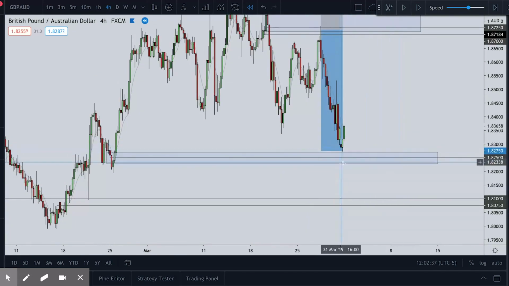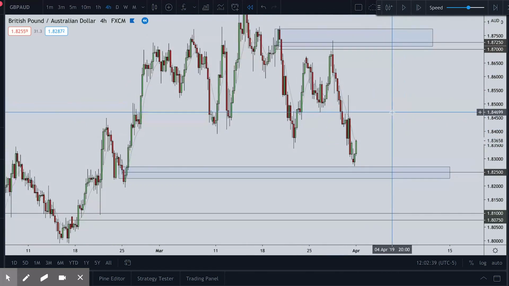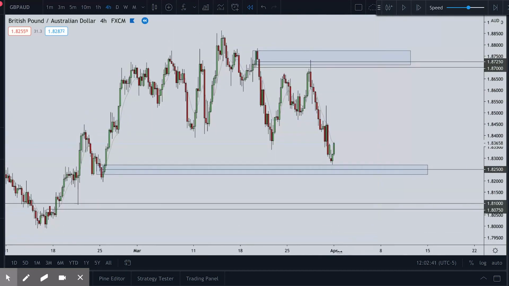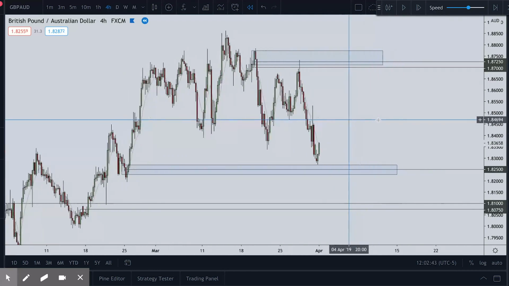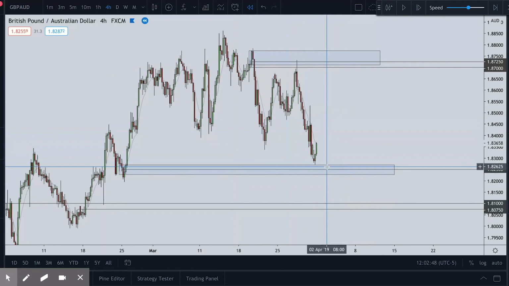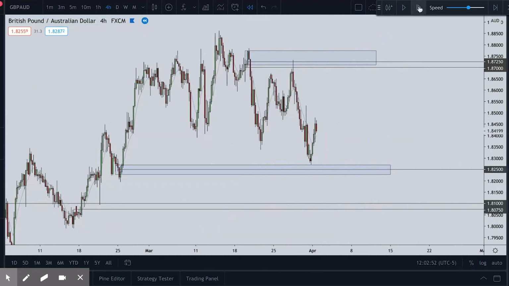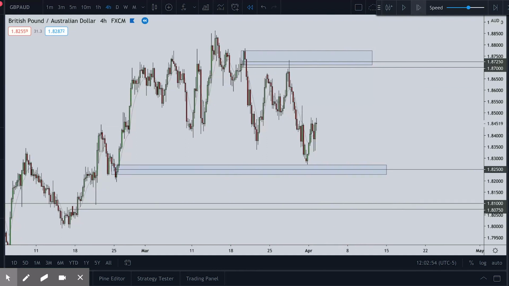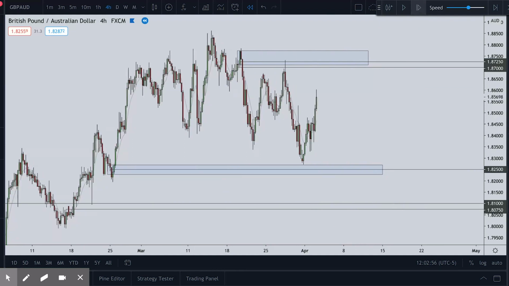We saw price react down into this zone. And now what we could actually be doing, because we know we're in an overall uptrend, is potentially focus on taking this market back to the upside. Now, I do want to see the 1.8250 level met before we go for any trade. So if I miss the opportunity, then that is no worries.